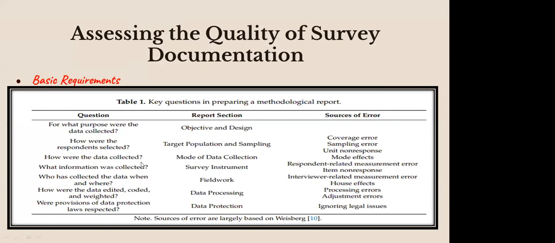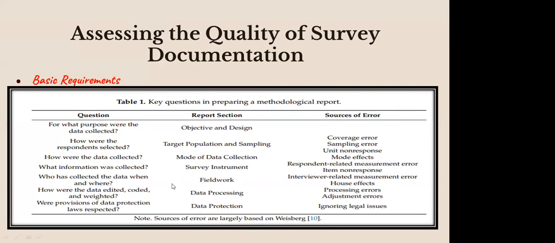For what purpose were the data collected? Your objective and design have to be fulfilled. That is the purpose for which this question is asked: for what purpose this data has been collected, for example for the census, or for development of paddy fields in Pali village in Maharashtra.